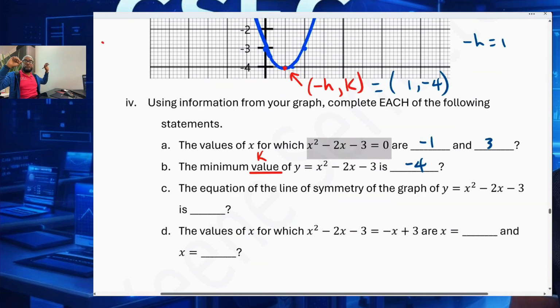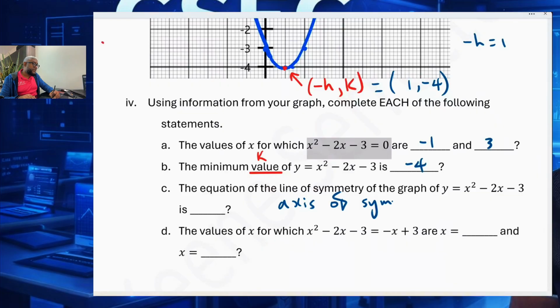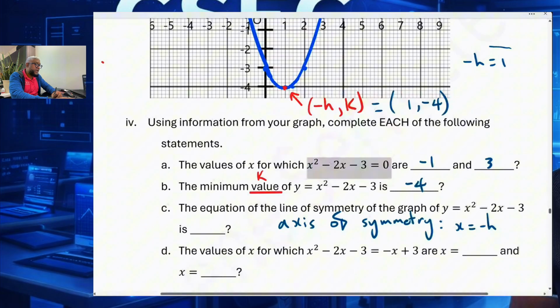So the equation of the line of symmetry of the quadratic graph is what? They are basically asking us for our axis of symmetry. So your axis of symmetry is actually going to be given by x is equal to -h, but we don't know -h is what? 1. -h is 1.